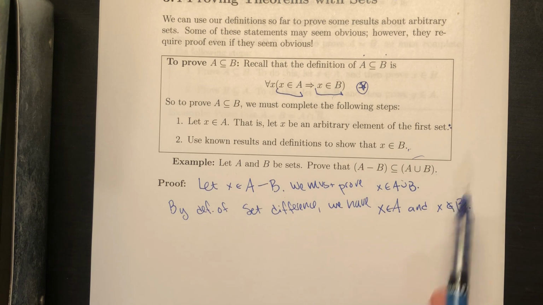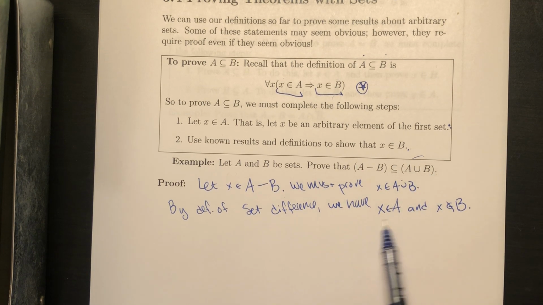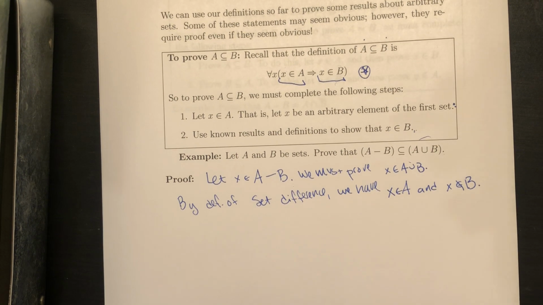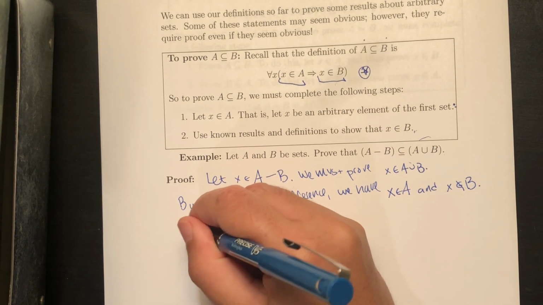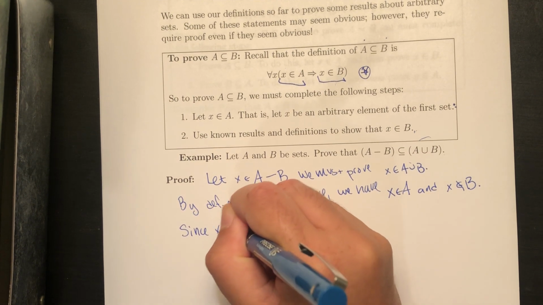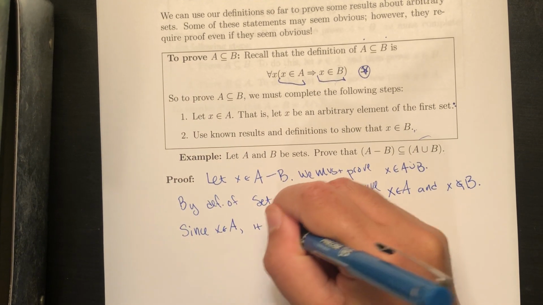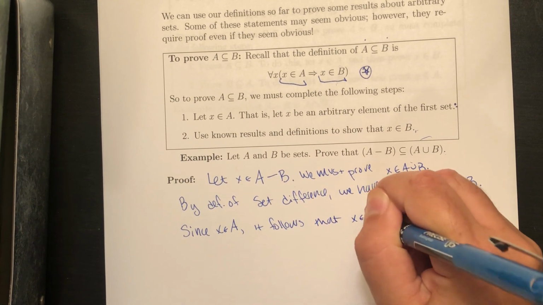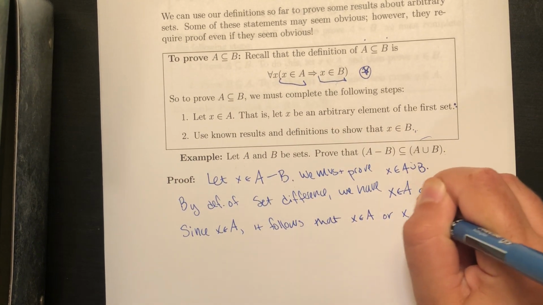We can conclude that it's in the union. And it is, right? It's an element of A. We know that by the definition of set difference. So since x is an element of A, it follows that x is an element of A or x is an element of B.